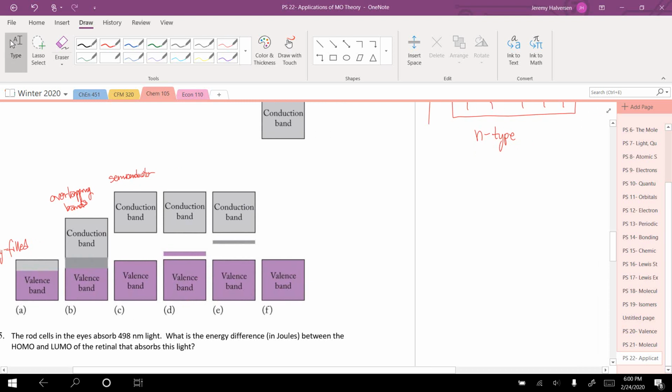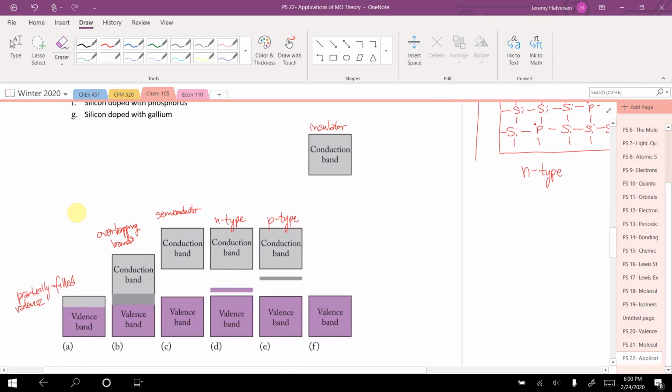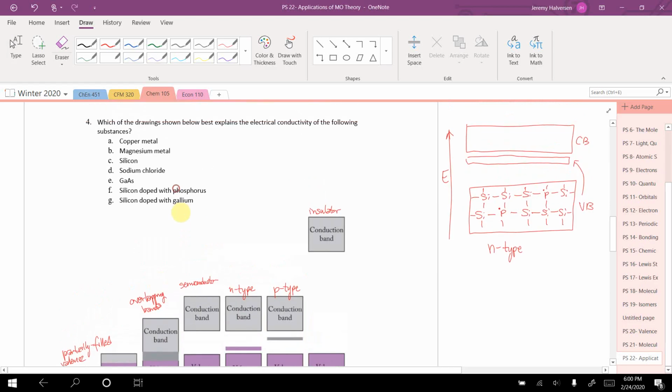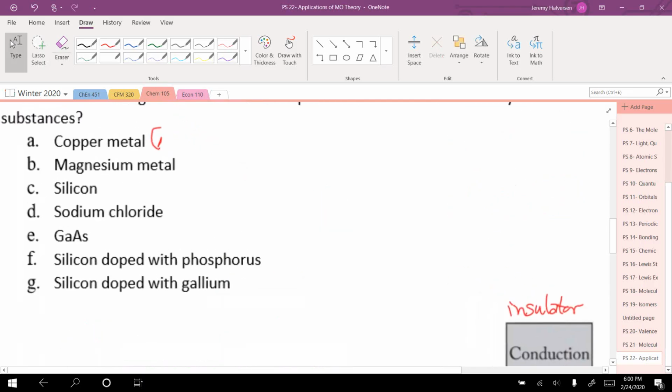Okay, and then here, if you remember, N-type is bringing the energy of the conduction band lower, so this is N-type, and P-type is bringing the energy of the valence band higher. Awesome. So now we just want to apply that to some of these substances. So copper. If I was to draw the electron configuration, copper is argon 4s1 3d10.